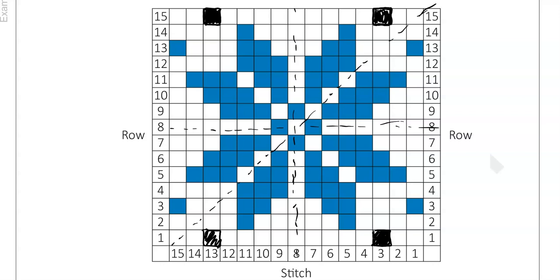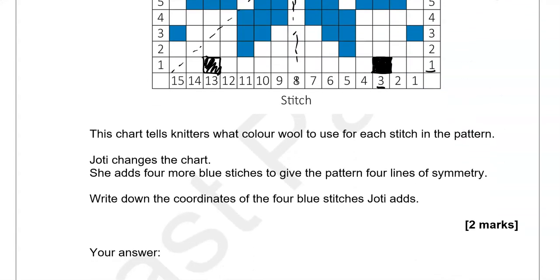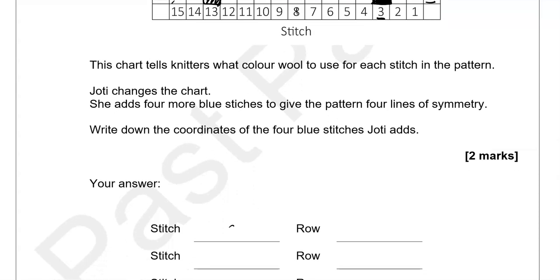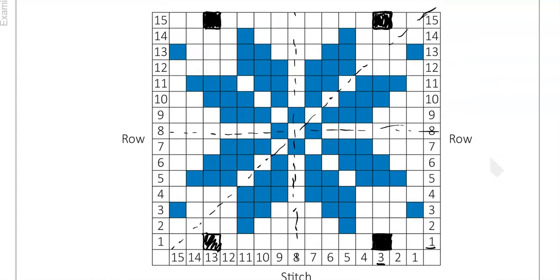So looking at this one, that is stitch 3, row 1. And this one here is stitch 3, row 15.